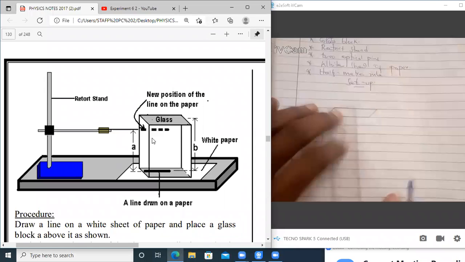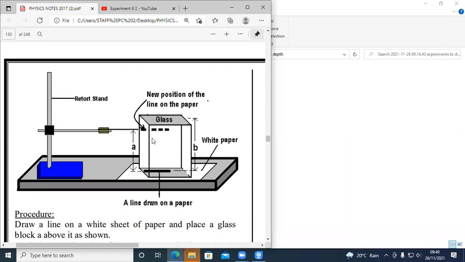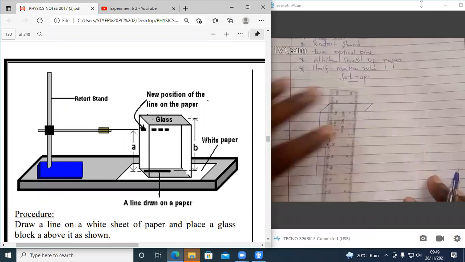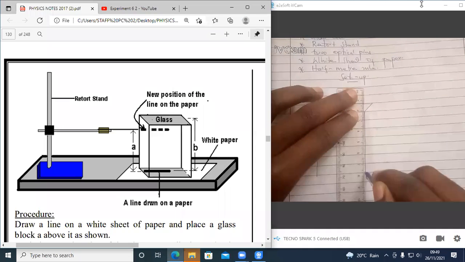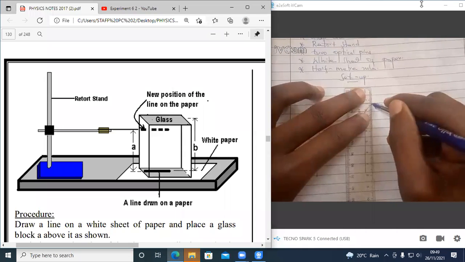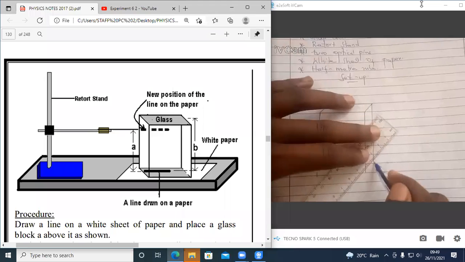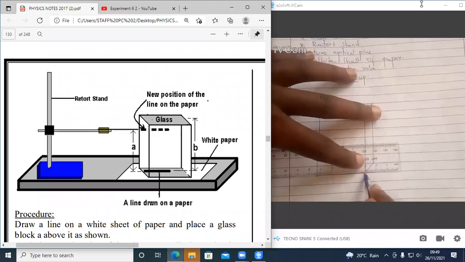So I can put my glass block to be this side. This one like this. And this one will come like this.